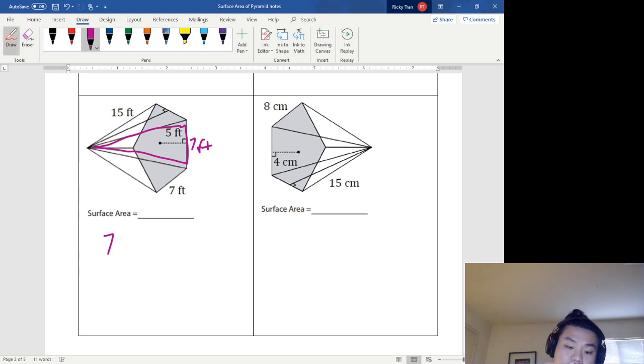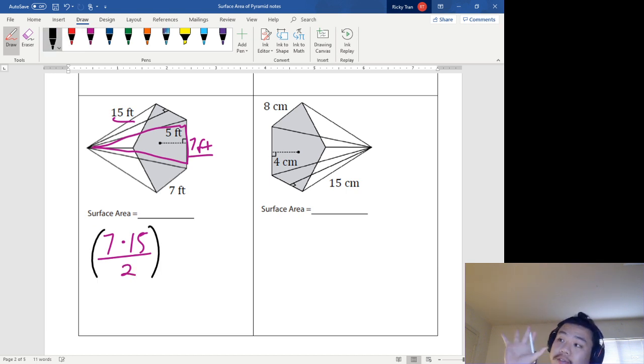7 feet times 15. Okay. And then that's divided by 2, and we're going to multiply that by the number of triangles, which is 5 because it's a pentagon. So there's 5 triangles.